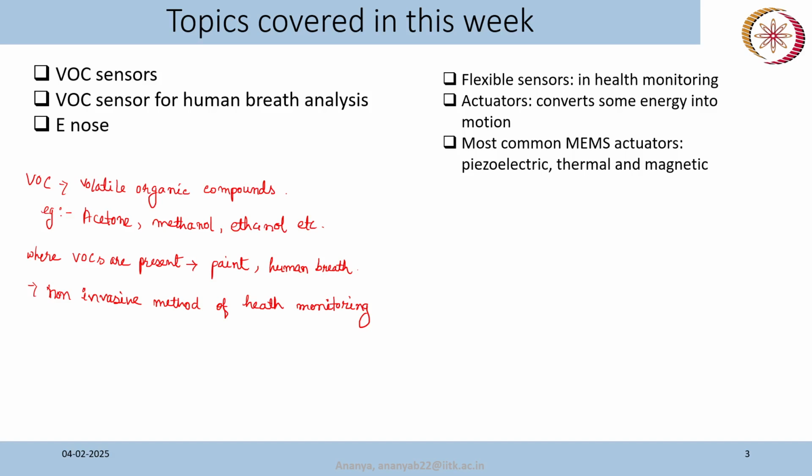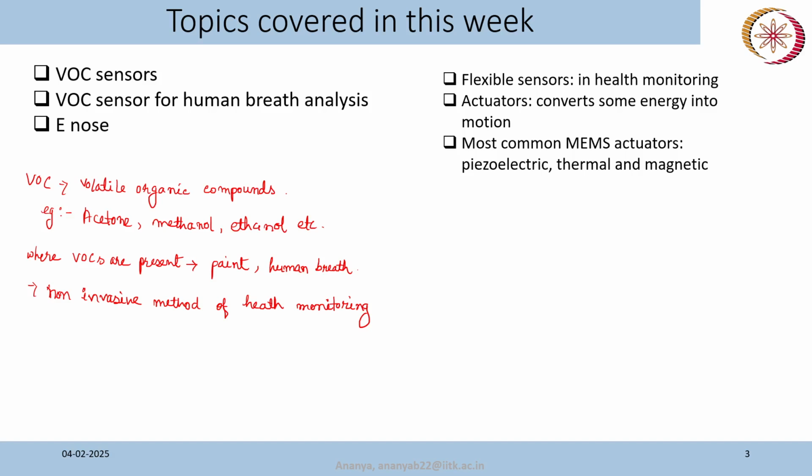If you can get information without taking out, say, blood, or without basically torturing the person, because these sensors are for health monitoring, so the person may already be weak, or it can complicate their health situation.